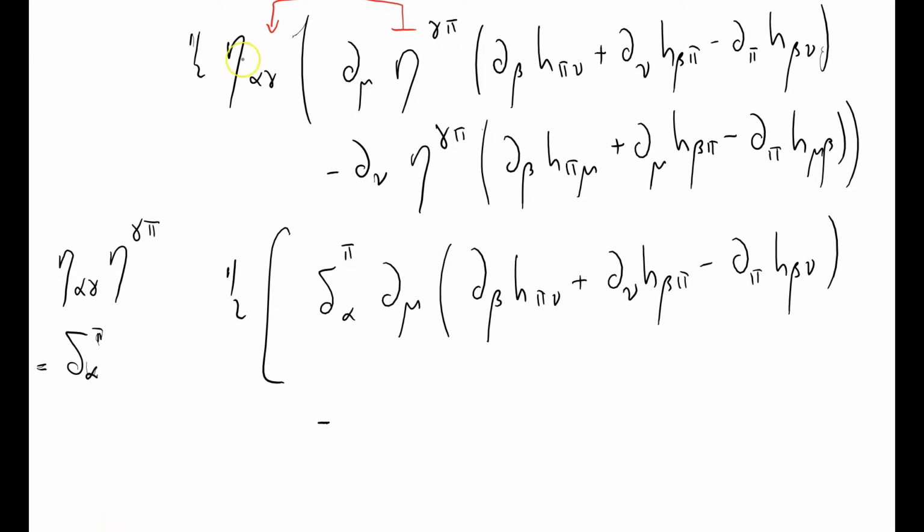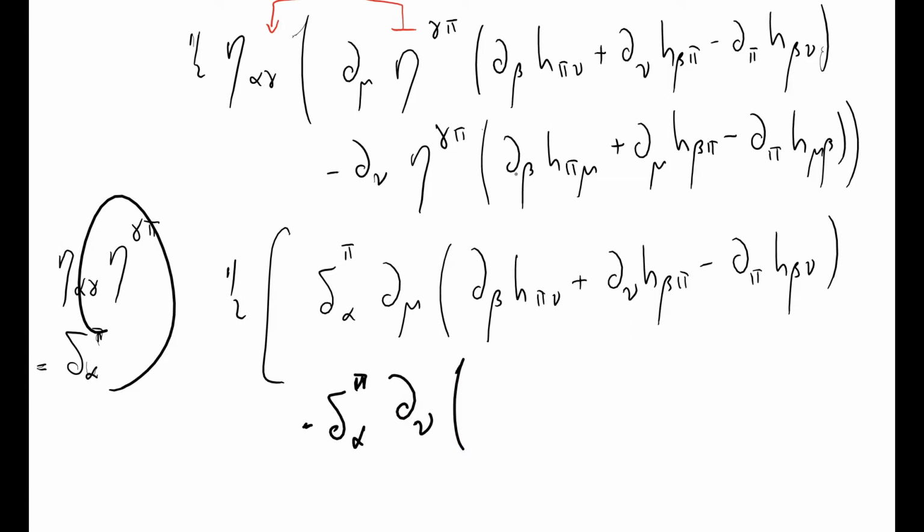We are contracting that. We're applying this identity here to that term there. Okay, so it's a delta. Look, batteries made it rather thicker. Minus delta alpha pi. Of course, it must be the same thing. And we've got a di nu, and I'm just going to copy these guys here. Di beta h pi mu.